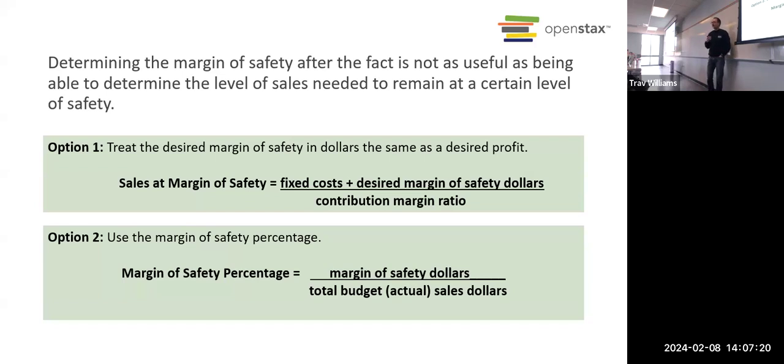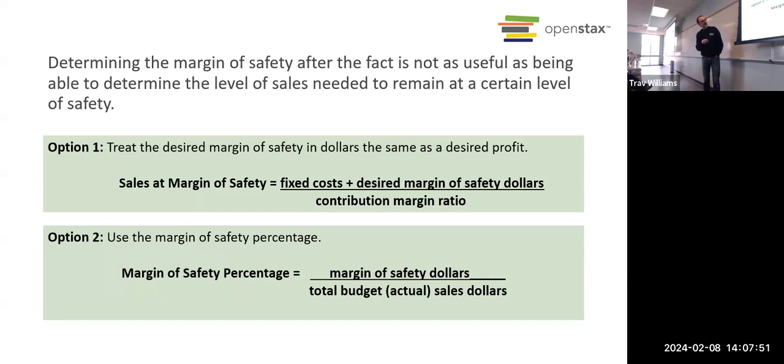It looks like the target profit sales that are needed, right? Because in that case, it was your fixed costs plus your desired target profit divided by your contribution margin ratio. So it's really the same concept. It's just we're saying not this is a target profit, but this is how much safety we have. It's just a different way of looking at the same thing. So that's nothing new.